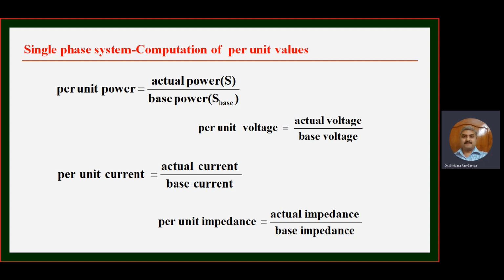The base power and base voltage are taken as the best possible values we can select from the entire system, and from those we need to derive the base current and base impedance.